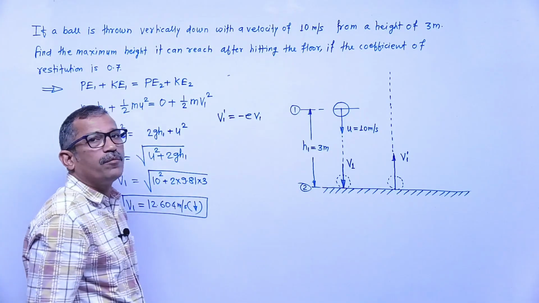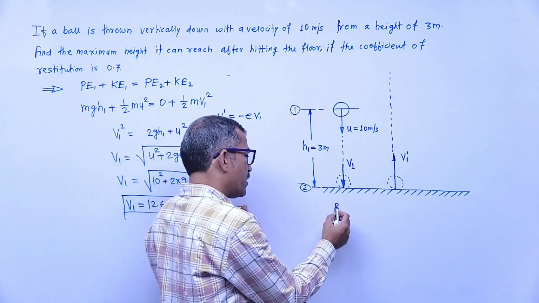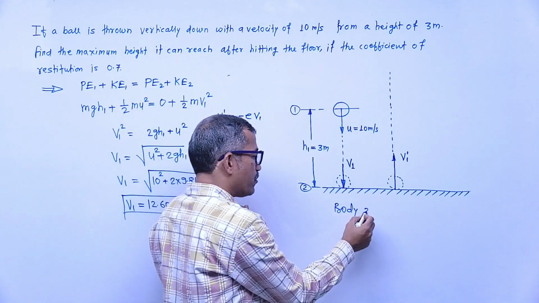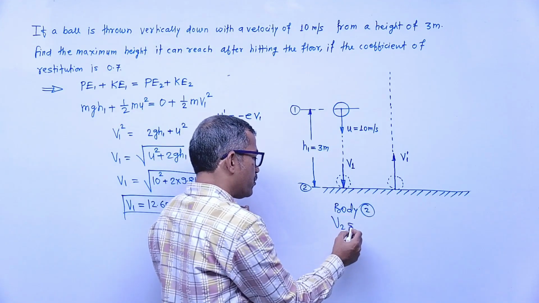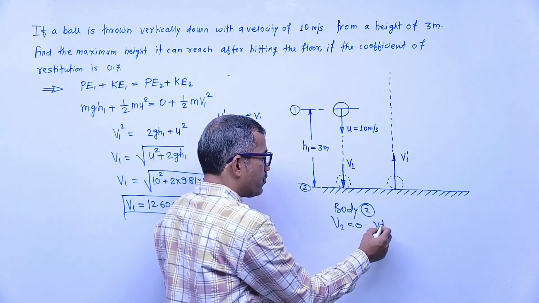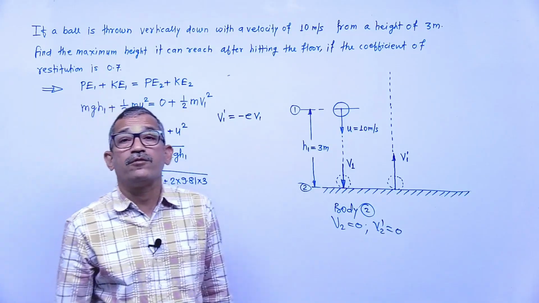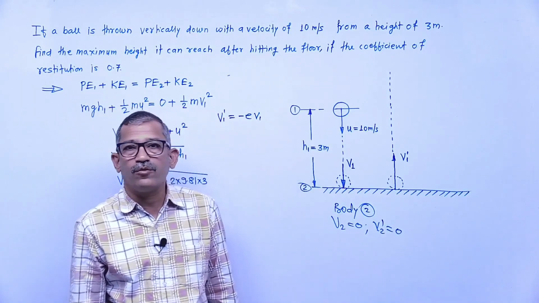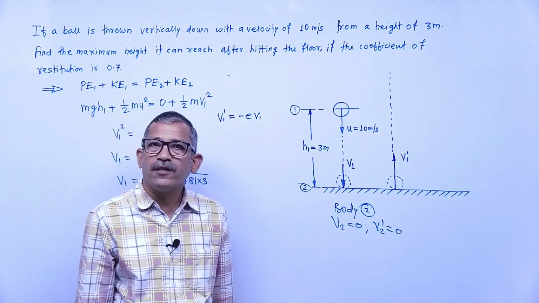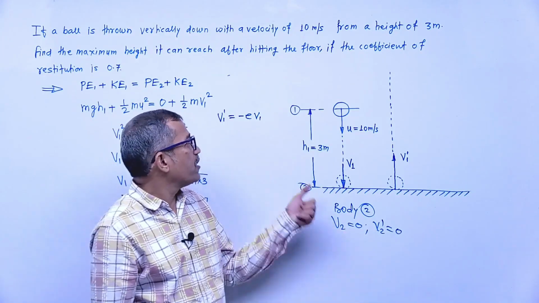Means in the coefficient of restitution equation, if you take this one as the body and 2 as the ground, its initial velocity V2 is 0, and after impact also velocity 0. The equation is e equal to minus (V2 dash minus V1 dash) upon (V2 minus V1), with V2 dash and V2 both 0, and we finally get this equation.